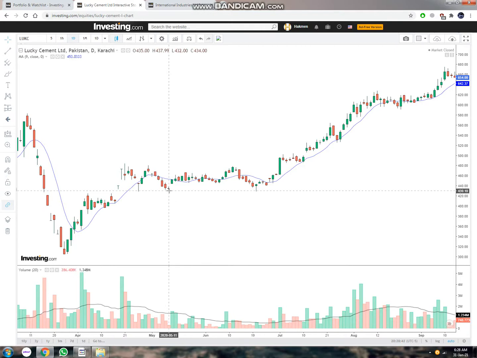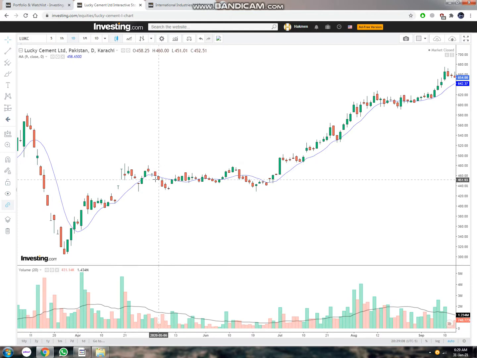So buy at this area and sell whenever it crosses the candlesticks. Buy whenever the candlestick touches the moving average and sell whenever the candlestick is above the moving average.